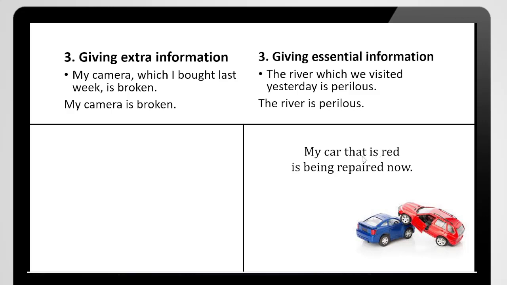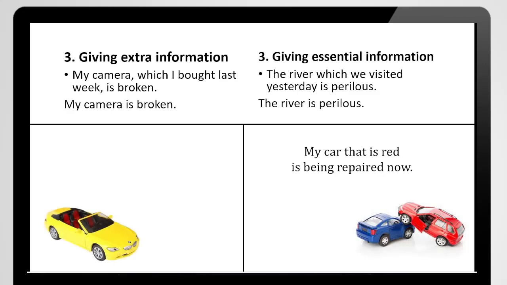Because if we delete this, you will ask me, which car are you talking about? Which car are you describing? The blue or the red? Because you know I have two cars. So we need this relative clause. My car that is red is being repaired now.